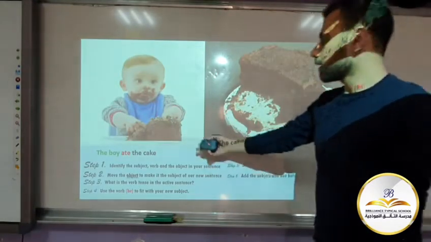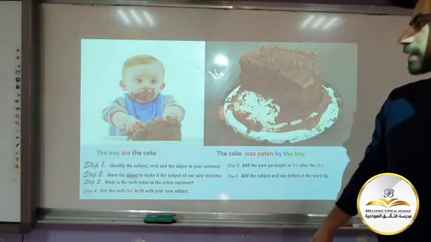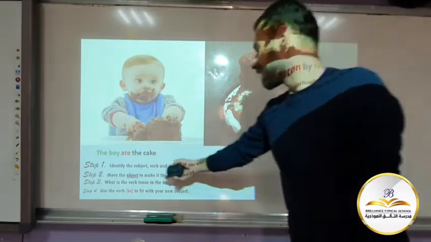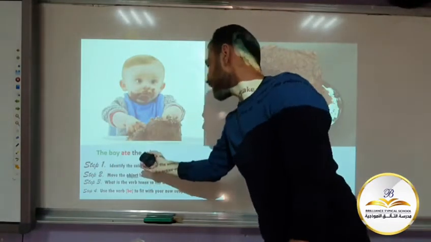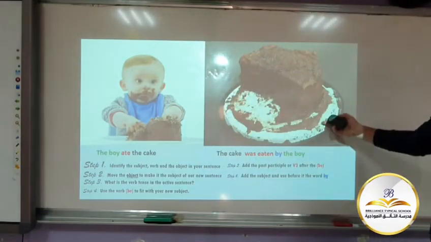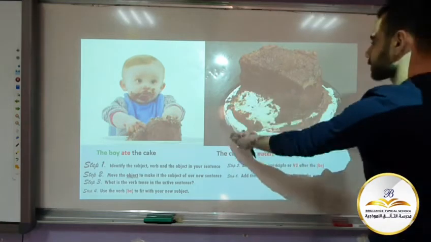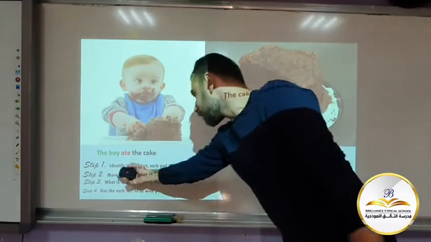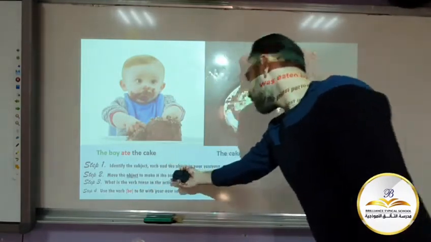Here we have a boy, and you can see this boy is eating. We are going to say, the boy ate the cake, and I came home and I see this. What am I going to say? Let's take a look at the steps again. Identify the subject, verb, and the object.